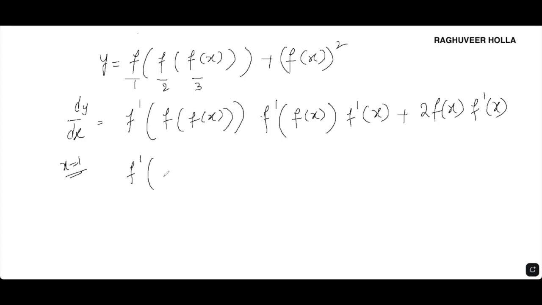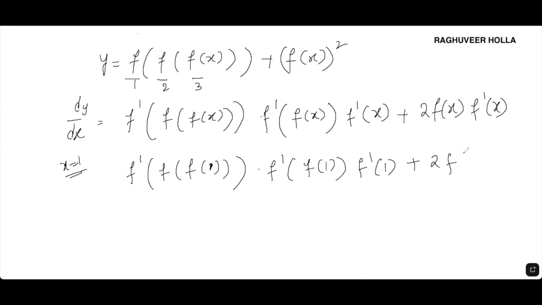So f dash of f of f of 1, into f dash of f of 1, plus 2 into f of 1 into f dash of 1, okay?